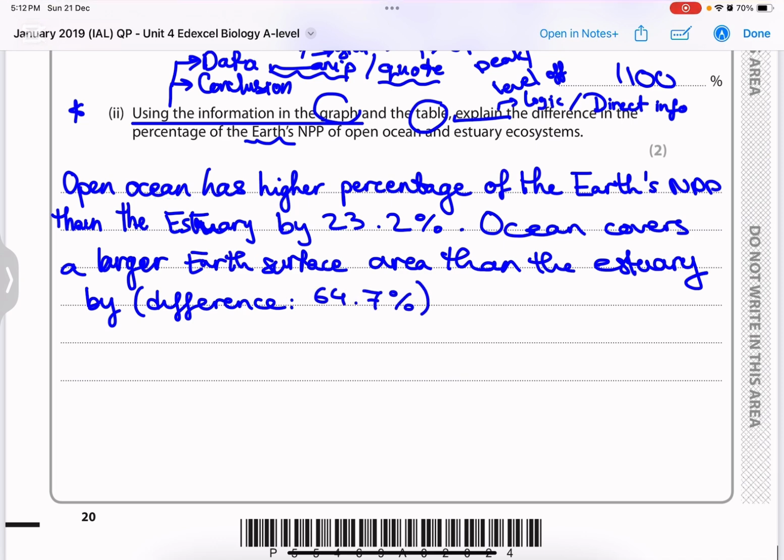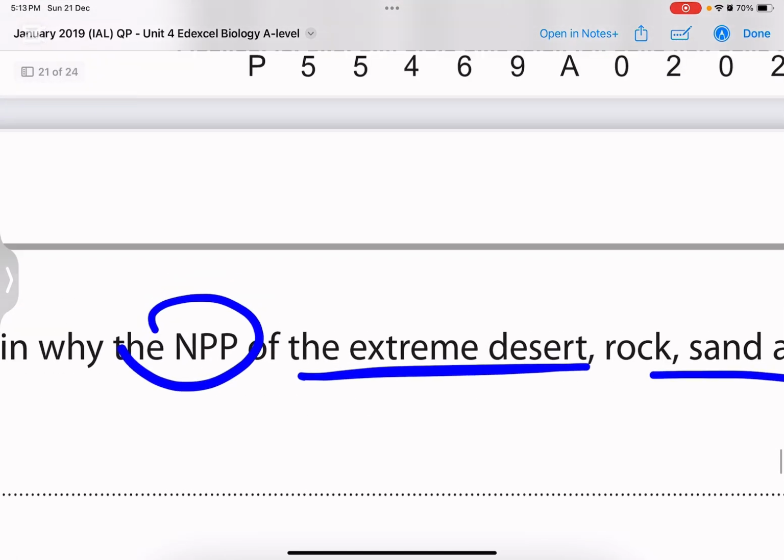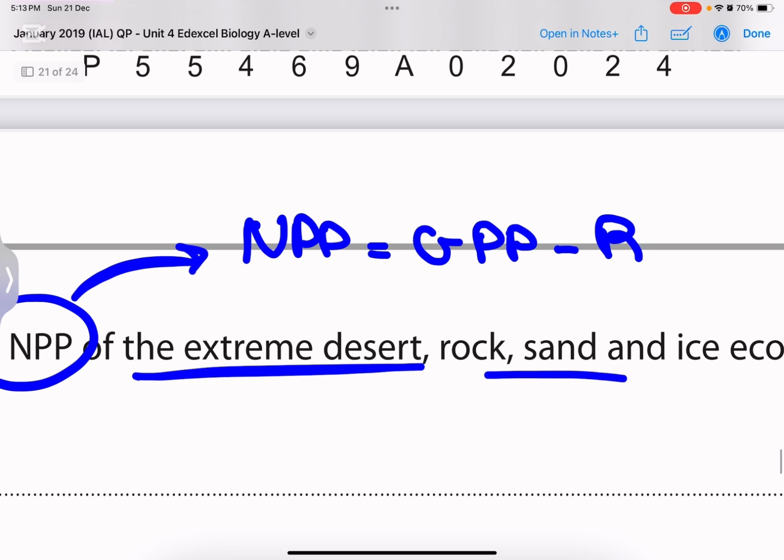Then the next question is, why is the NPP of extreme desert, rock and sand, and ice ecosystem too low? The NPP, we must remember whenever, anyways, like NPP or GPP, you must remember that the formula is NPP equals GPP minus respiration.